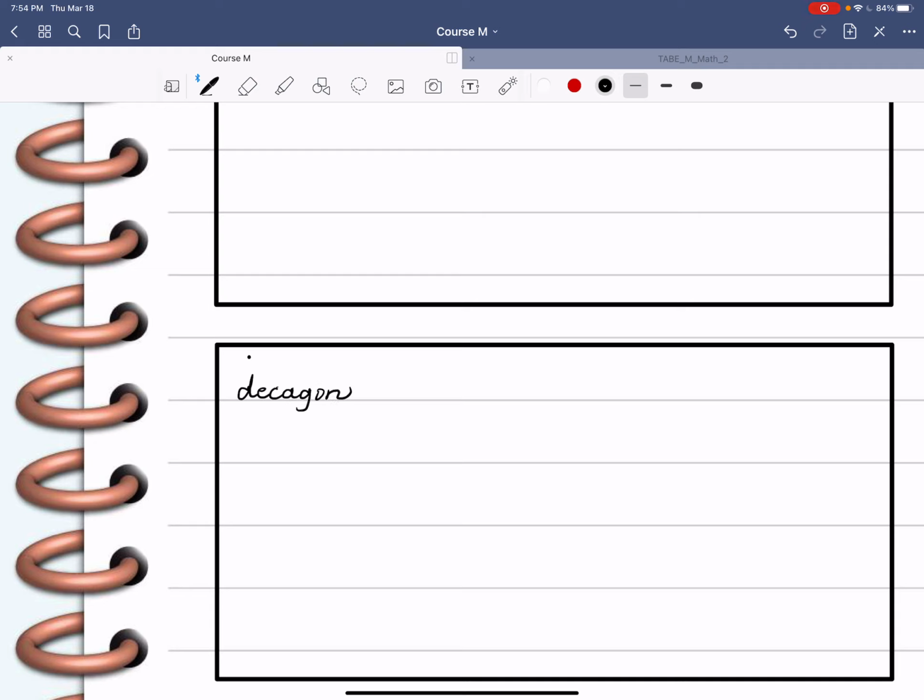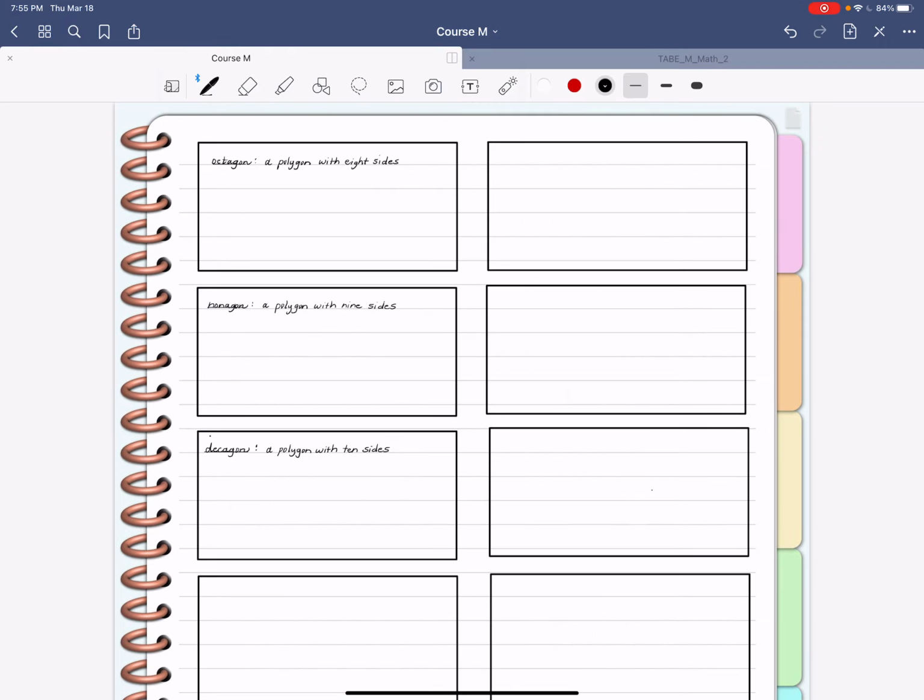You might remember this one from those metric prefixes that we did. Deca means 10. So a polygon with 10 sides and 10 angles. There are names for the others, but I'm not going to go into those. I think for what we need to do, if we know through 10, we should be very well covered.